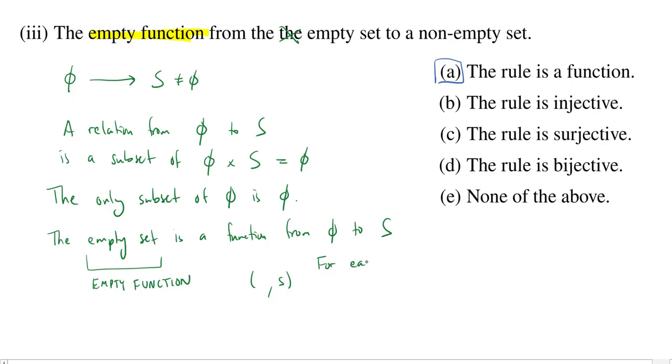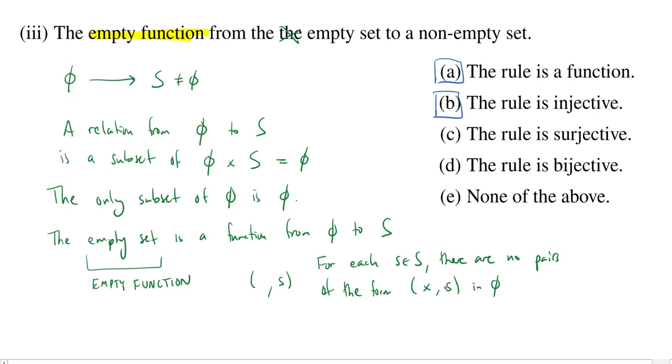So for each s in S, there are no pairs of the form (x, s) in the empty set. And so it is injective vacuously. There are no pairs, and to be injective, you'd need there to be at most one pair for each s.